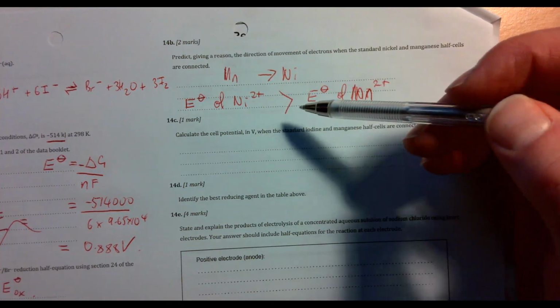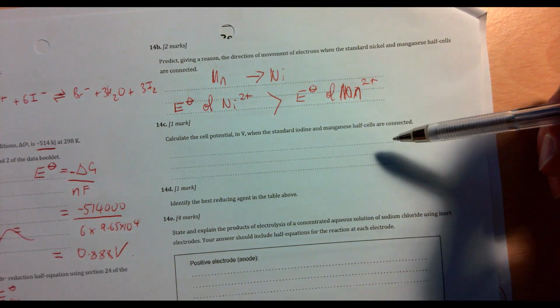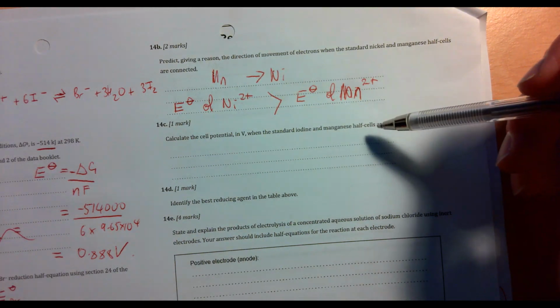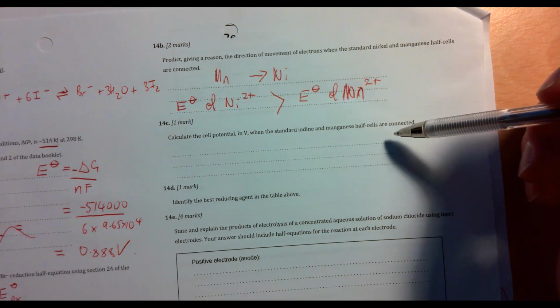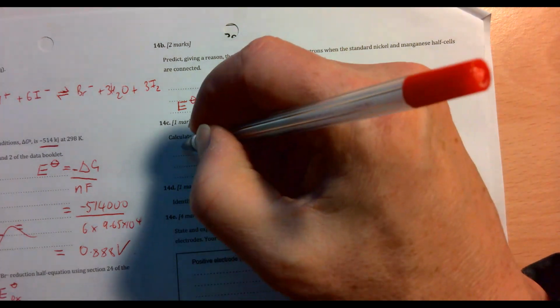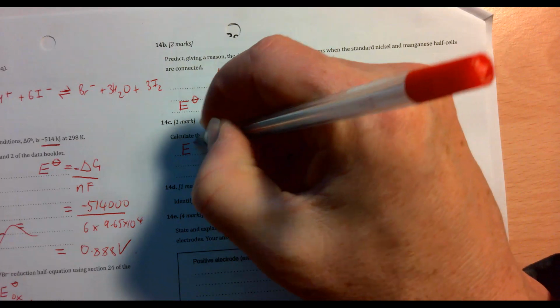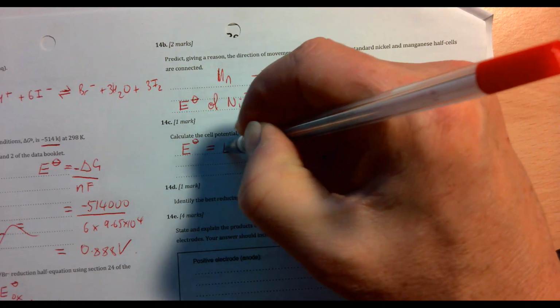Right, calculate the cell potential in volts when a standard iodine and manganese half cells are connected. Okay, so what's that equation then? Which one are we going to use?